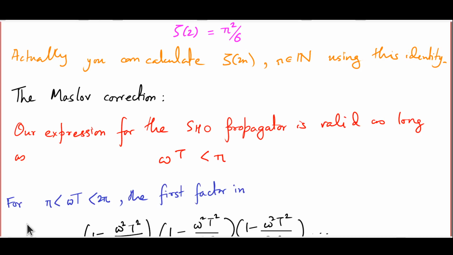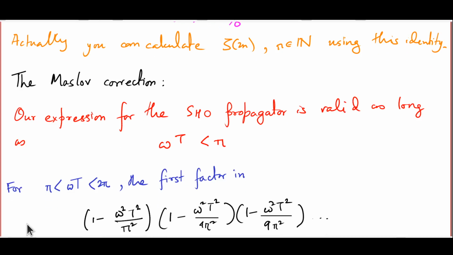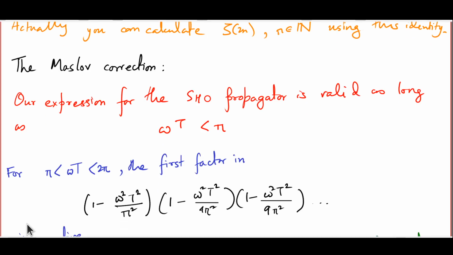But if you now go back and look at the product of eigenvalues which went into the calculation for the normalizing factor, you would realize that when omega t exceeds pi but is less than 2 pi, then the product that we had to deal with, this 1 minus omega square t square by pi square times 1 minus omega square t square by 4 pi square, etc.